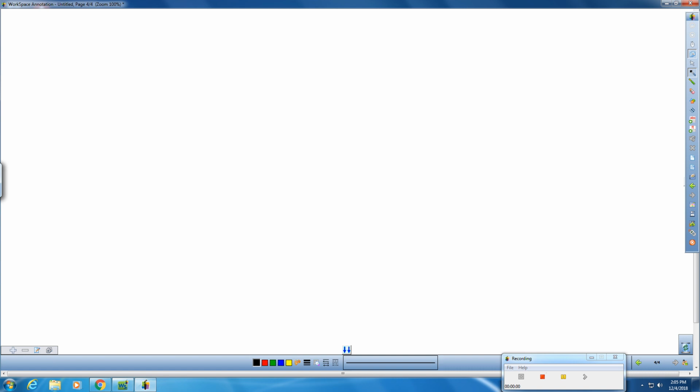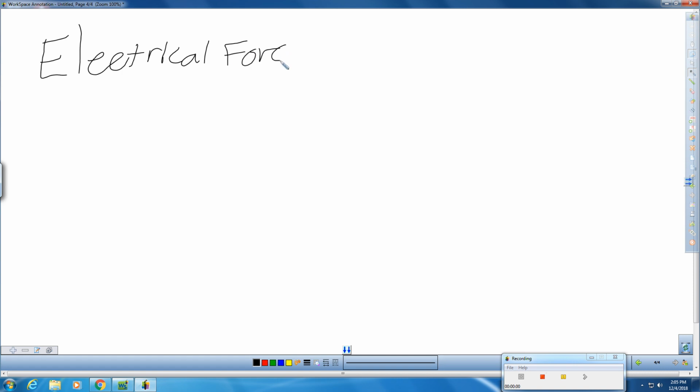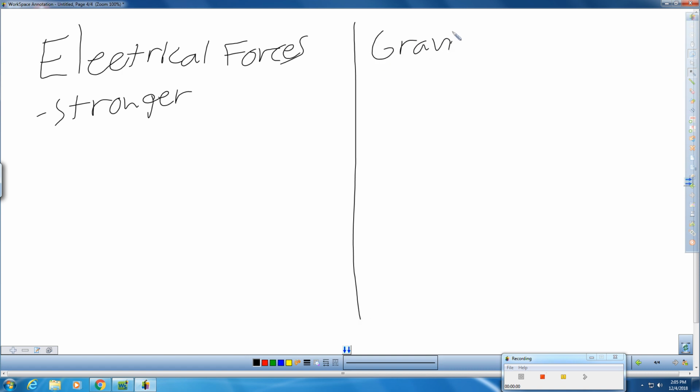Okay, next we have electrical forces versus gravity. Basically, electrical forces are much stronger. Gravity is kind of a passive force. So we're going to do a little Venn diagram looking thing here.